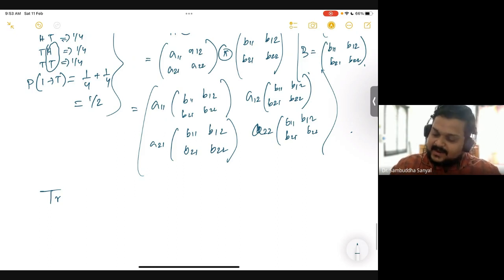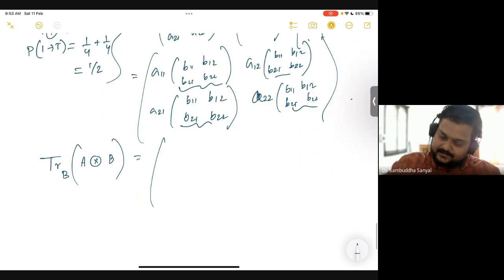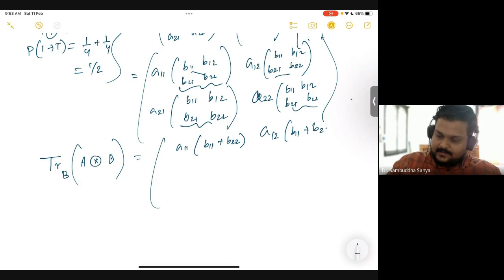So now I take a trace on these B matrices. Then it becomes A11. This is the trace, right? Sum of this. All of them multiplied by the same thing.